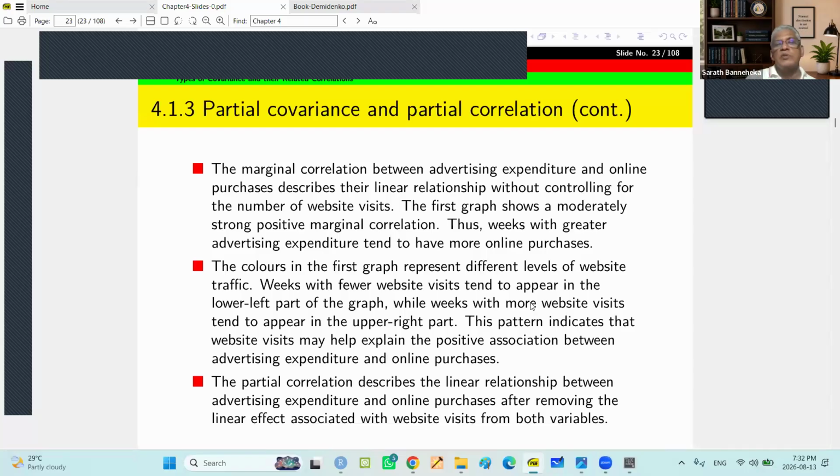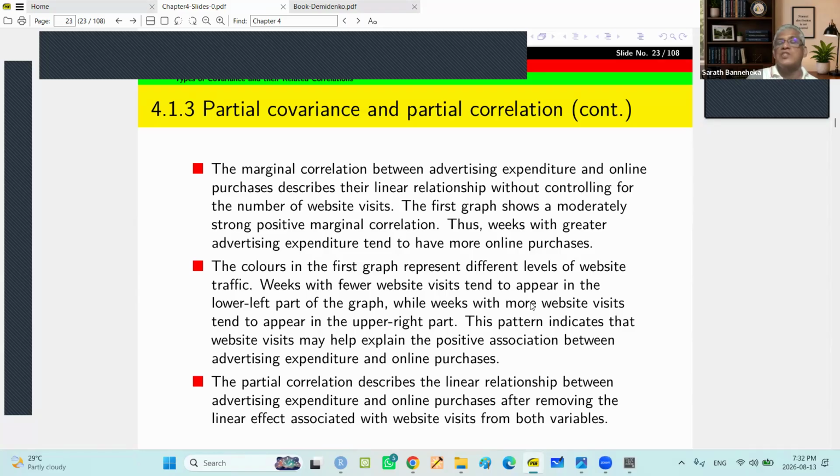The marginal correlation between advertising expenditure and online purchase describes their linear relationship without controlling for the number of website hits. The first graph shows a moderately strong positive marginal correlation, actually linear correlation, right?